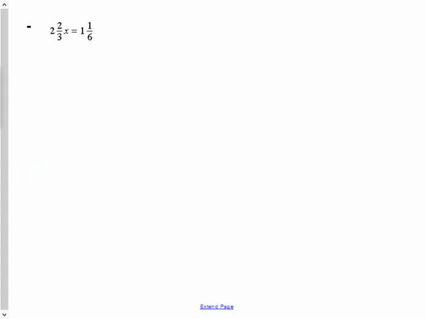Your next question says 2 2/3 x equals 1 1/6. Your coefficient is 2 2/3. So I'm going to divide this side by 2 2/3 to get rid of the coefficient. And I'm going to divide this side by 2 2/3 to figure out its value. Since we're dealing with mixed fractions, we're going to change both of them to improper.